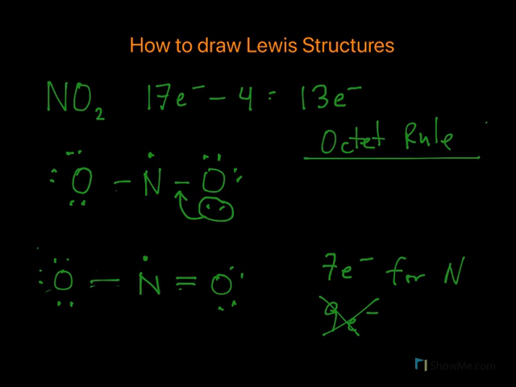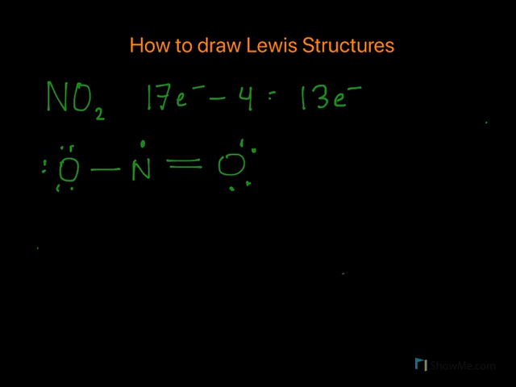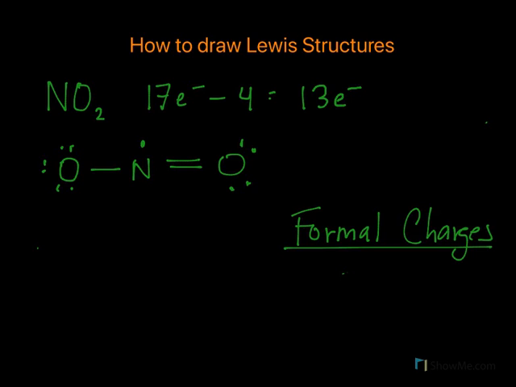Let us check now the formal charges. Okay, so taking a look at the formal charges. Each of the oxygens, let's call the one with the double bond oxygen A, and this is oxygen B. So looking at oxygen A with its 6 valence electrons, it is contributing 1, 2, 3, 4, 5, 6 electrons in the molecule.